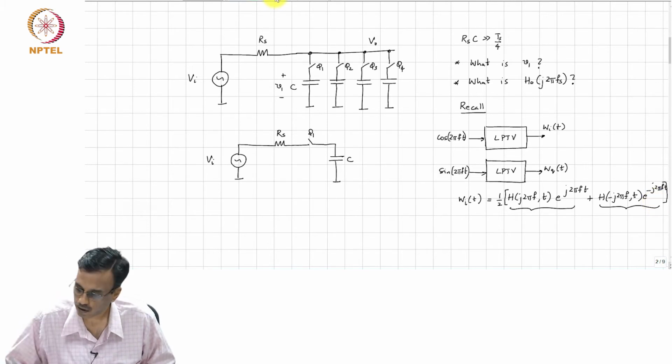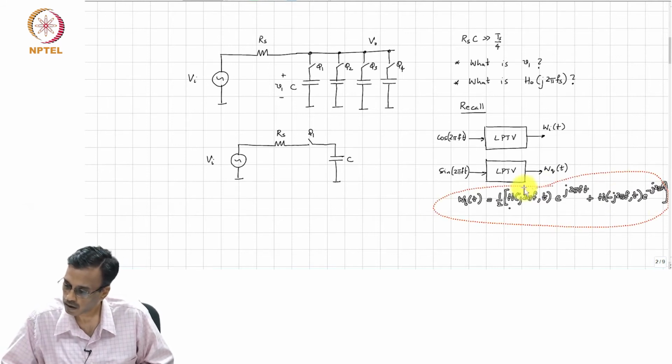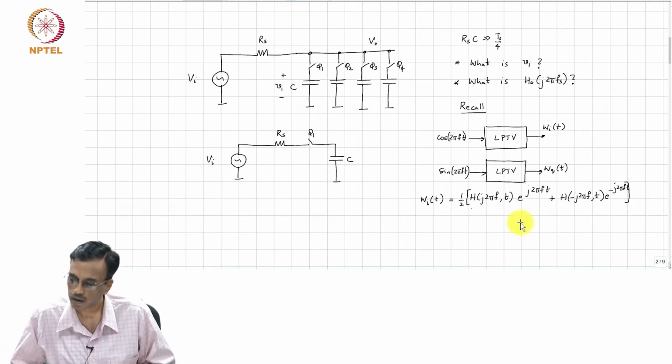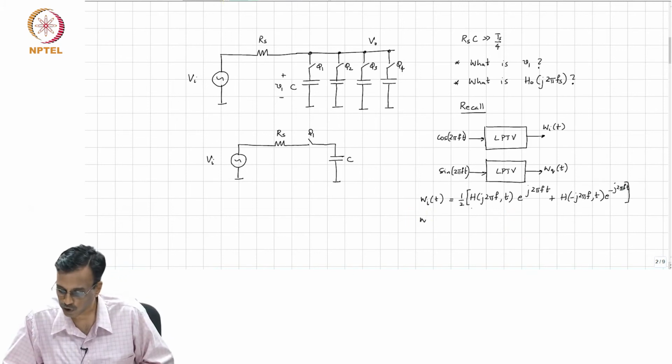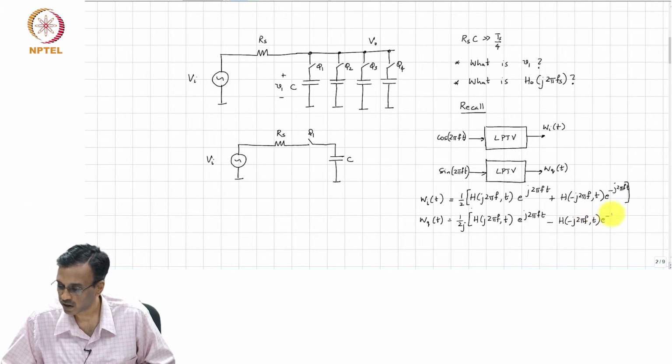So, in a similar fashion, Wq of t is nothing but half h of j 2 pi f comma t, times 1 by 2 j, e to the j 2 pi f t minus h of minus j 2 pi f comma t e to the minus j 2 pi f t.